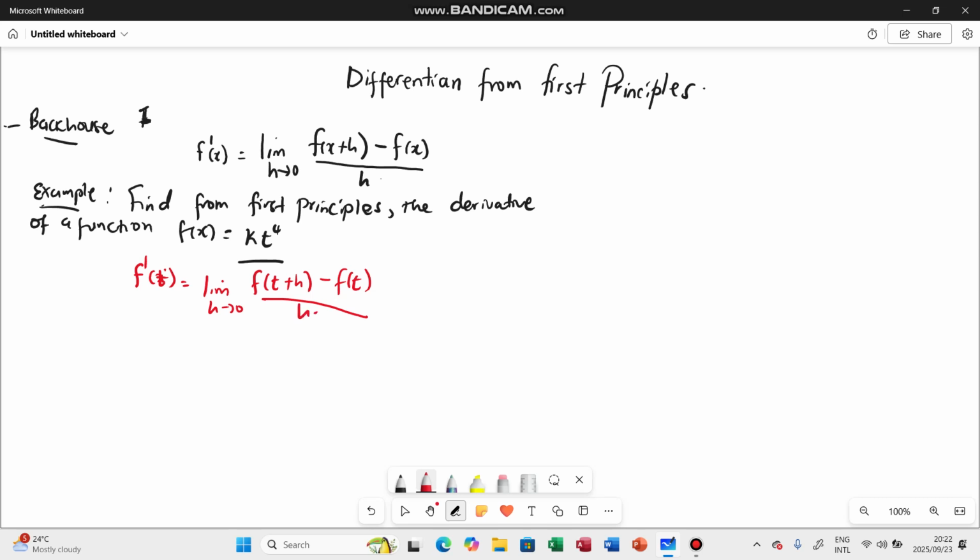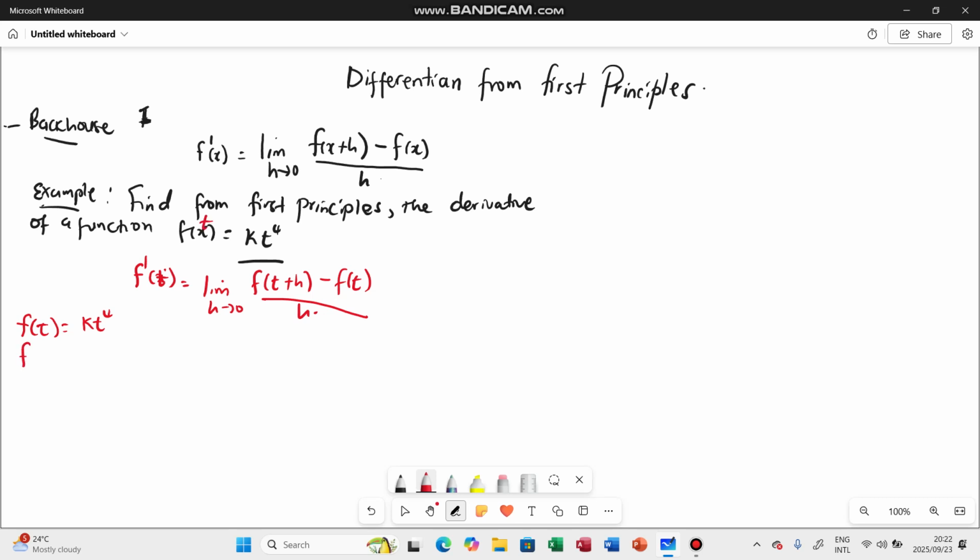So what do we do in this case? The first thing is that we have the f of t, and this f of t is the same as kt to the power 4.